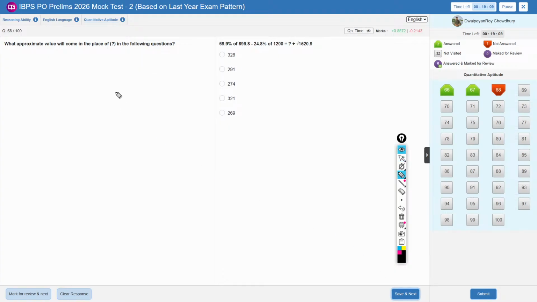Then 70% of 900 is 630 minus 20% of this is going to be 14300 minus equal to x. So this is going to be 39.